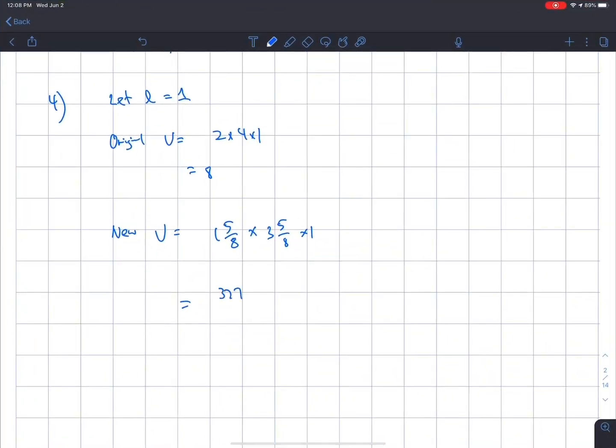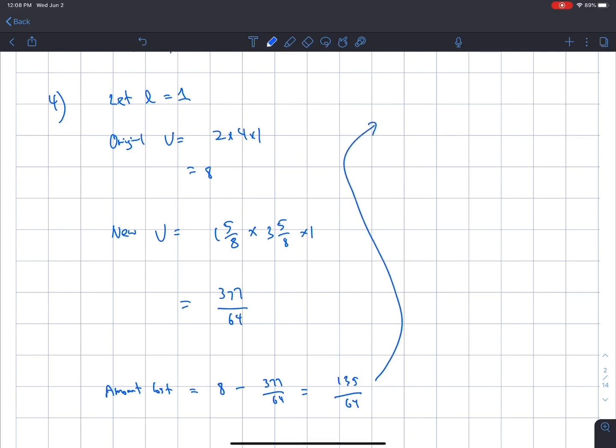So 377 over 64. And now we can say that the amount lost is going to be 8 minus 377 over 64. So we get 135 over 64. They want you to change that into a percent.